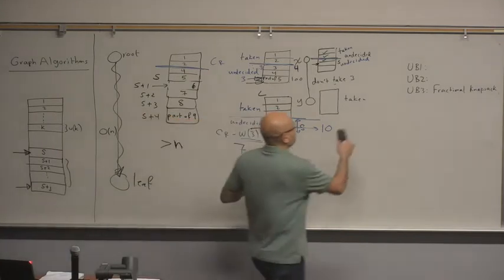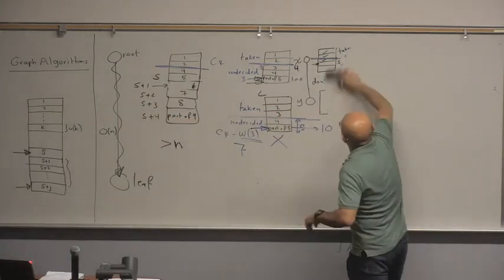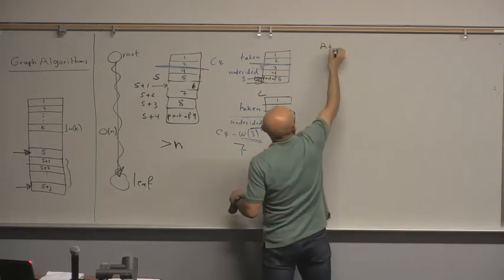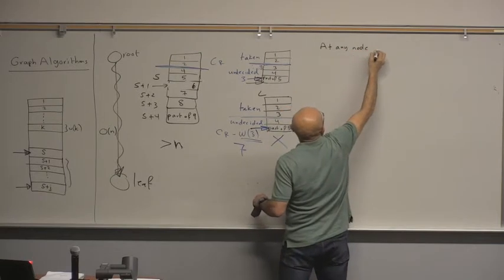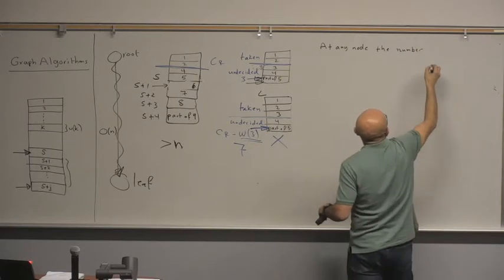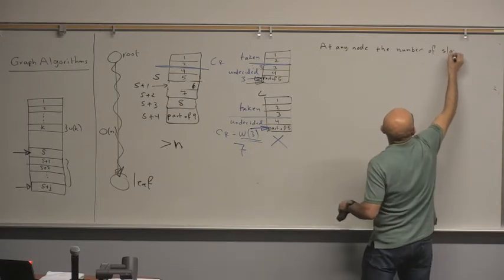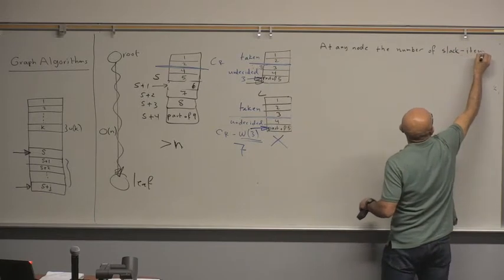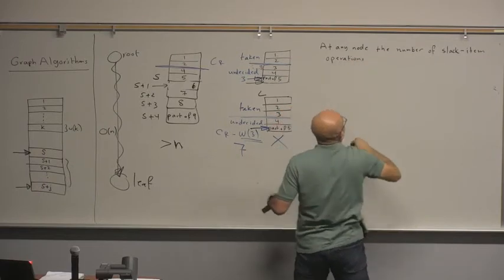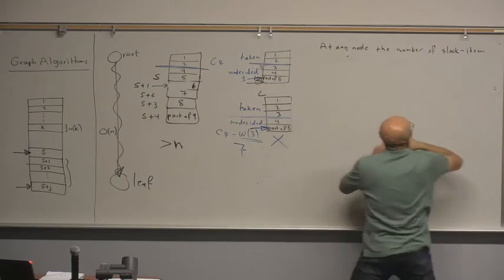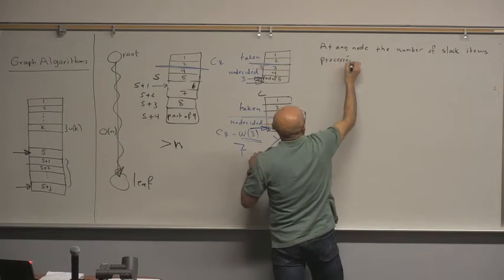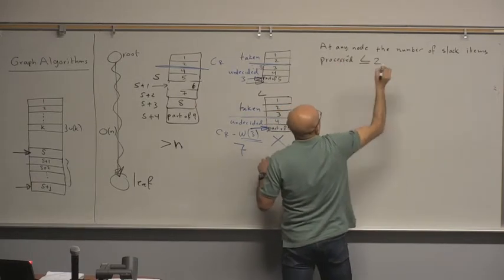So the idea here is, at any node, the number of slack item operations, or the number of slack items processed, is less than or equal to 2.